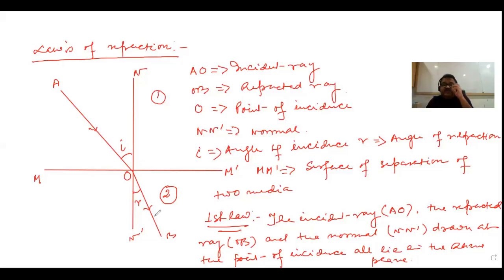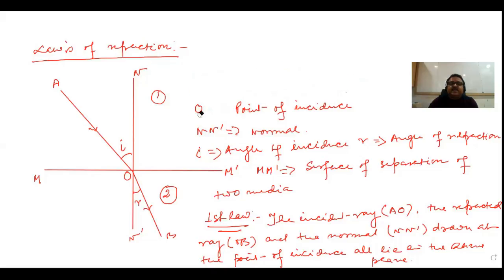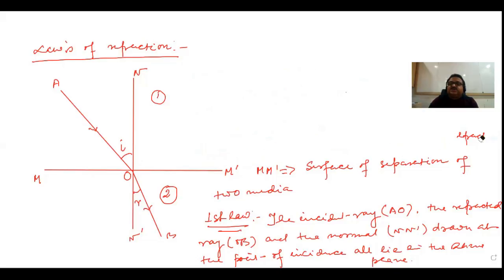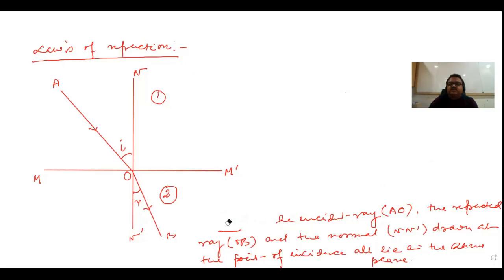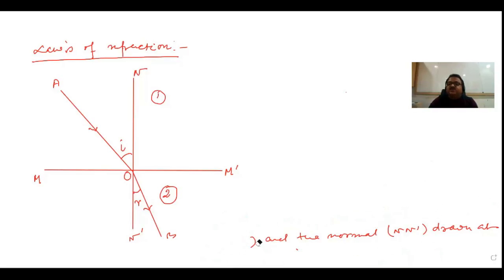Now, the part which is very important is the second law, which is also called Snell's law. Give me a moment so I can erase this. The second law plays the most important role in understanding the concept of bending, or deviation from its original path.